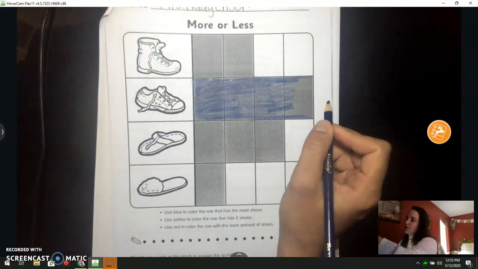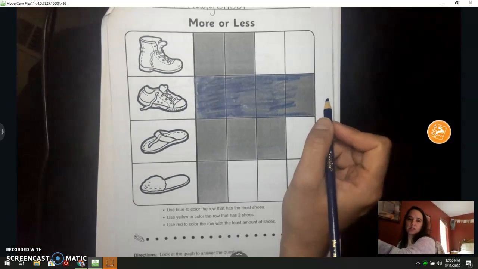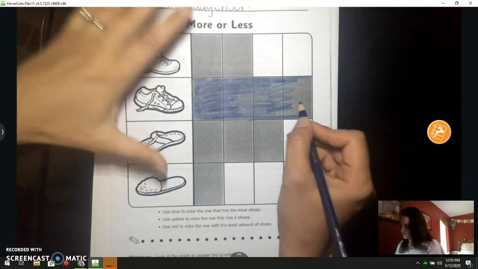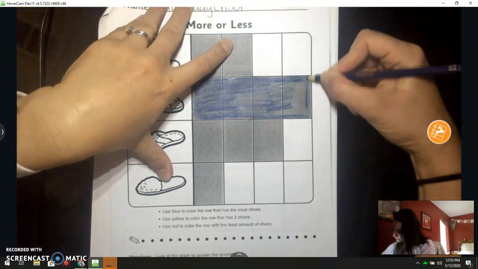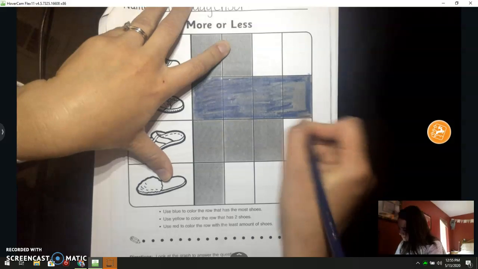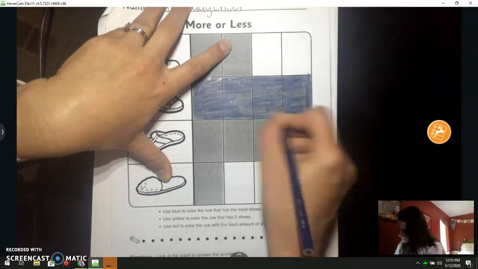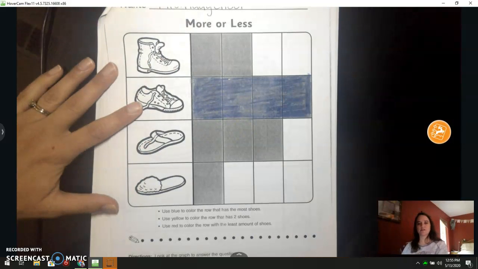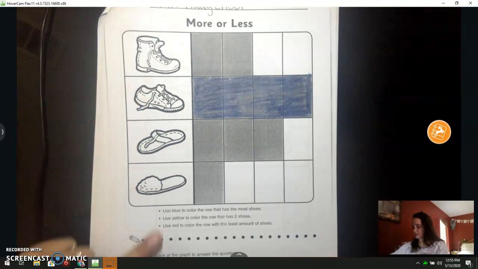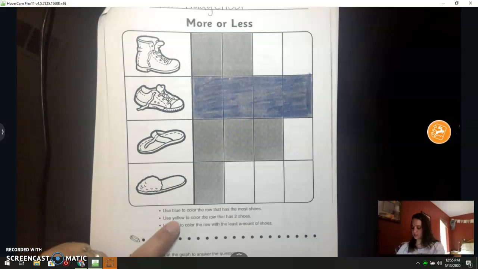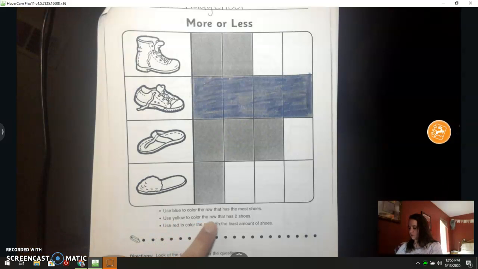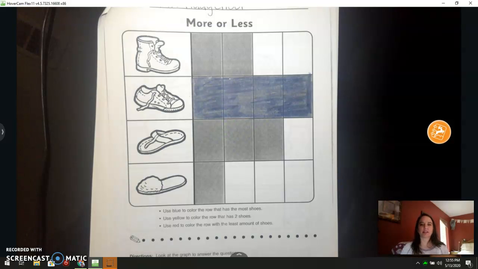Let's see if it's easier if I make it brighter. Is that better? It doesn't really matter, huh? Okay, you can keep coloring if you need to. I'm going to read our next part down here. Use yellow to color the row that has two shoes. Which one has two rectangles colored? Remember, rows go across.